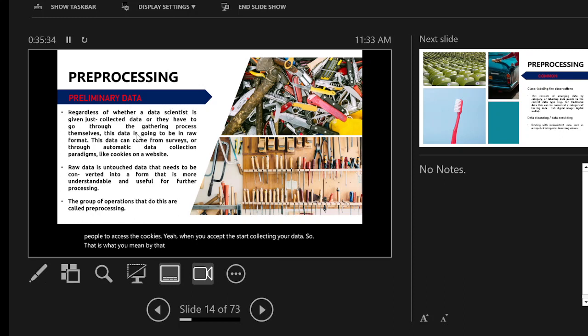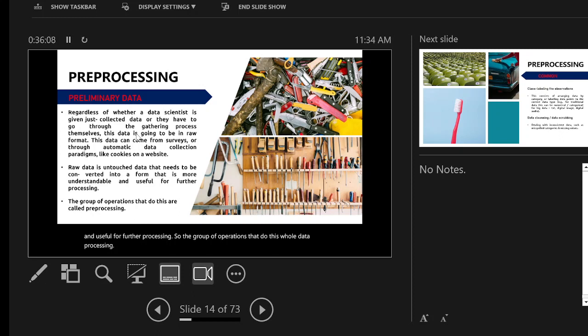So raw data is untagged data that needs to be converted into a form that is more understandable and useful for further processing. The group of operations that do this are called data pre-processing.